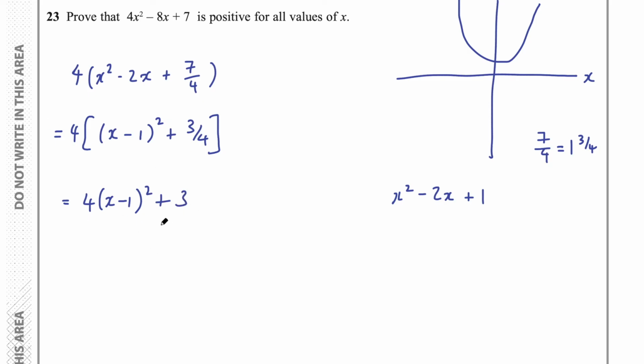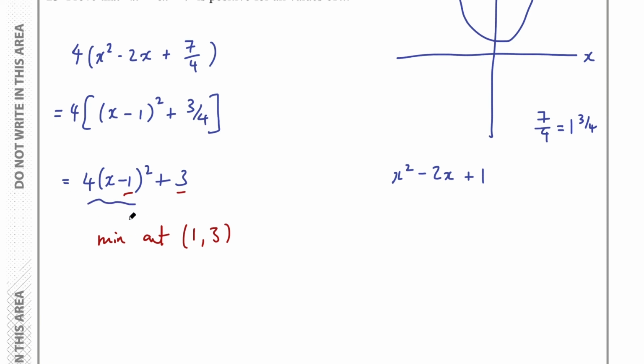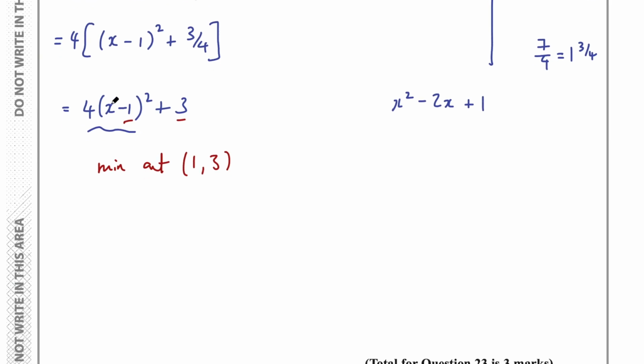And then we have it in a form where we can actually read off the minimum. So these two numbers here are actually the minimum of the quadratic, the 1 and the 3. So you could say the minimum is at 1, 3. Or you could also say that this part of the expression can never be less than 0, because whatever number you put in for x there, you always square it, so it's always going to be positive.